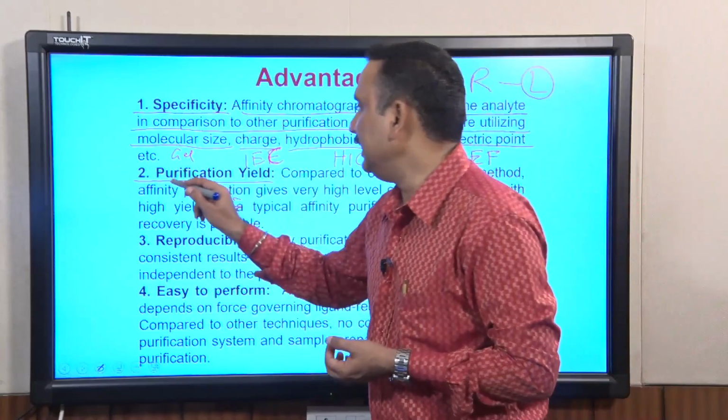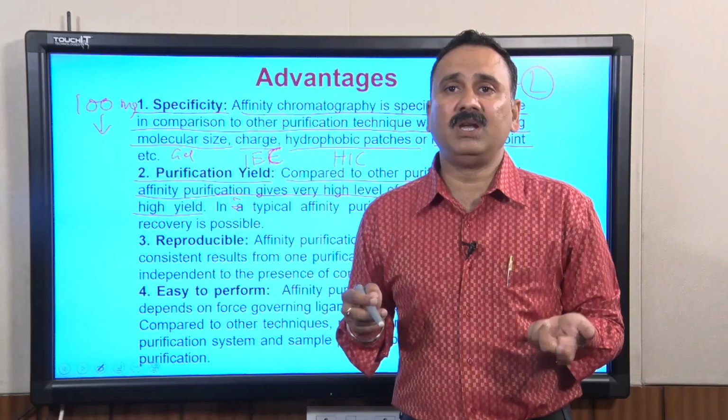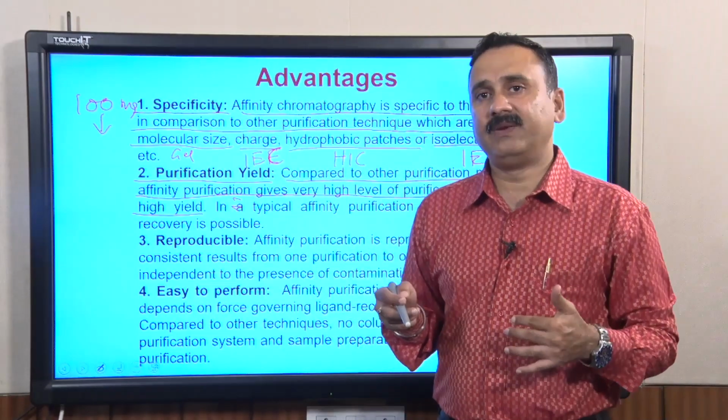Now, the purification yield. Compared to the other purification methods, for example, molecular size or gel filtration, ion exchange or HIC, affinity purification gives a very high level of purification fold with a high yield. What is meant by yield is that suppose you have 100 mg of protein in your crude lysate, and the yield means, out of 100 mg, how many milligrams of purified protein you are getting at the end of the purification.